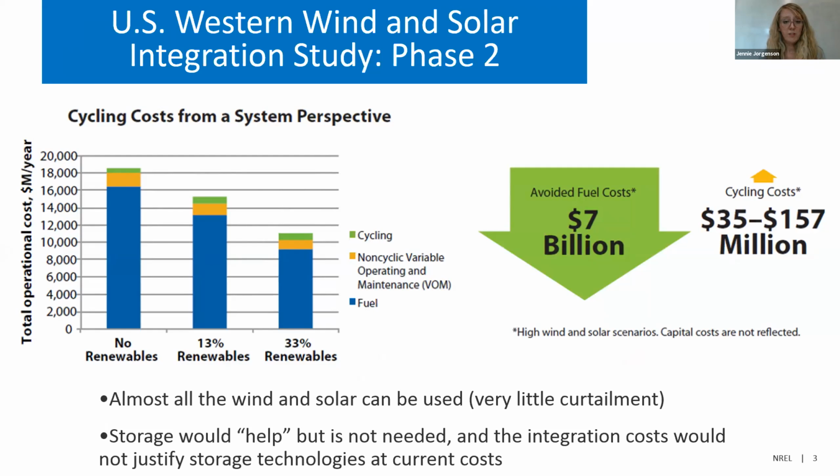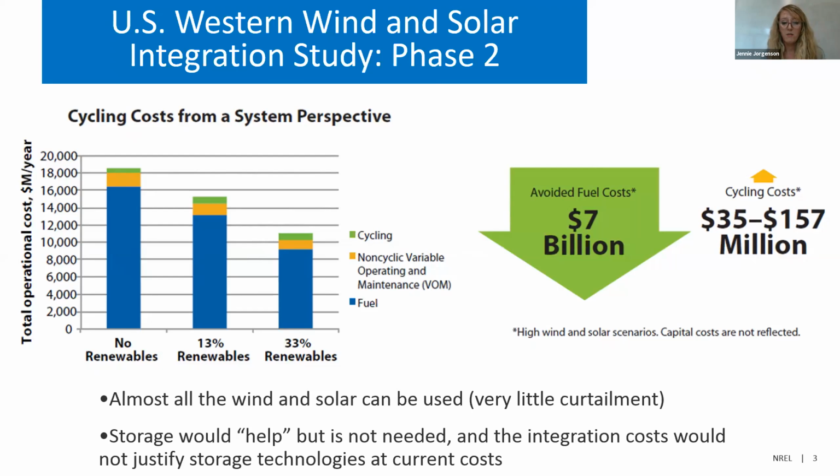So the Western Wind and Solar Integration Study looked at the impact of integrating over 30% renewables on the Western grid with a particular emphasis on cycling costs. And what it found was, although cycling costs did indeed increase as you add renewables onto the grid, the value of offset fuel from your VRE resources was at least an order of magnitude greater in value than the additional cost incurred from cycling.